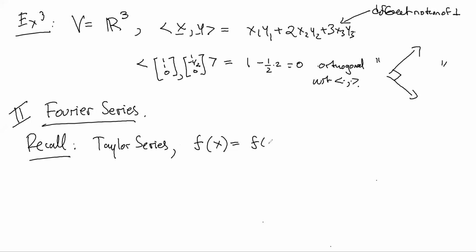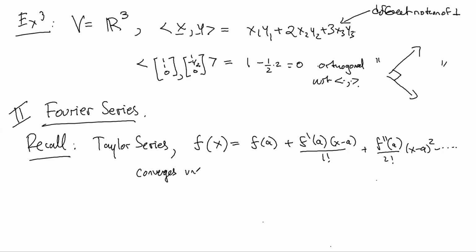You can write it as f of a plus f prime of a times x minus a, and so on. That doesn't always work, so this converges under some conditions. For example, the function better be differentiable. You better be able to keep taking derivatives, otherwise it doesn't even make sense.